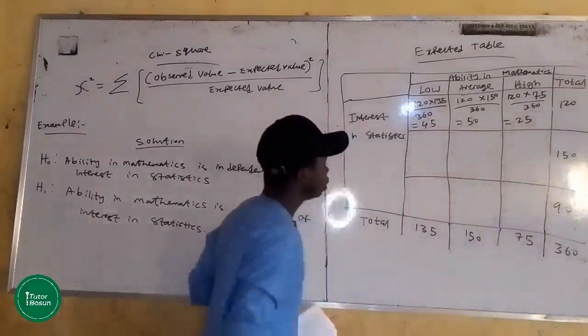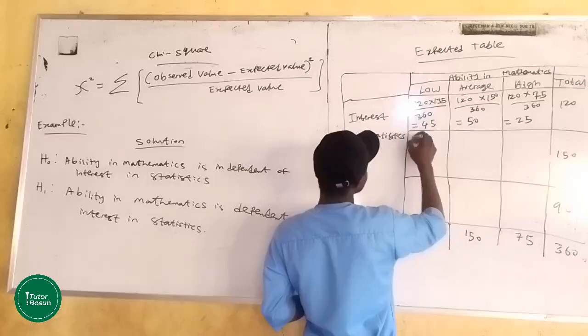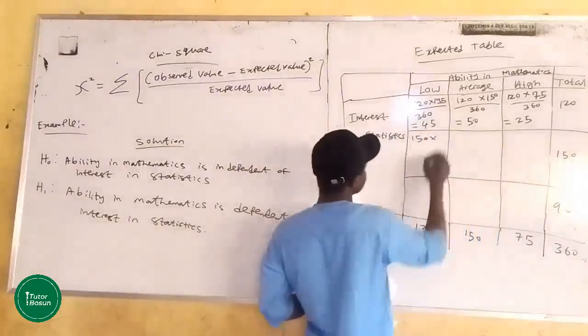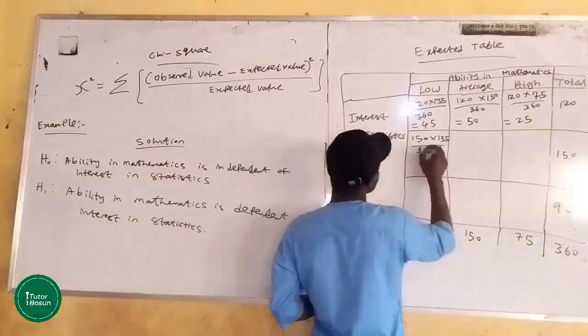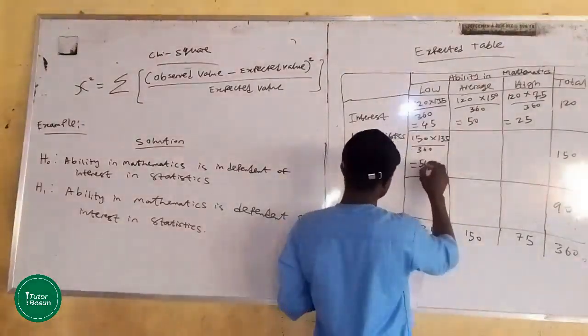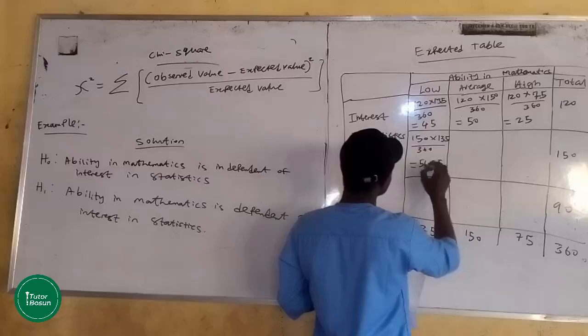Same thing, you repeat it for others. So here we have 150 times 135 divided by the overall total, which is 360, and if you do that very well, that will give you 56.25.